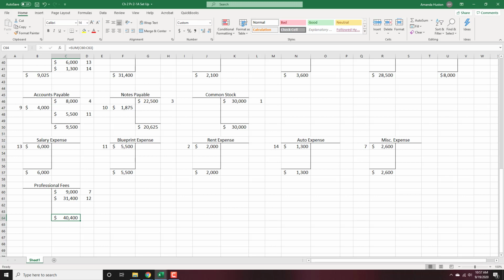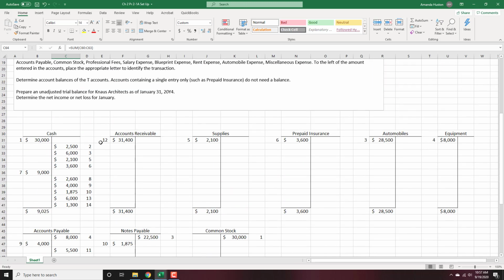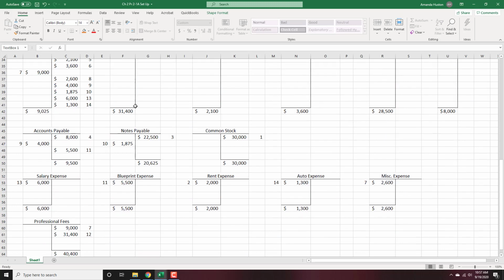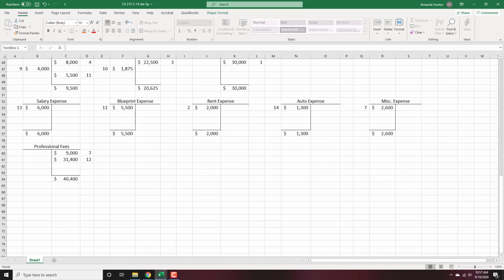So it says calculate the balance, right? Then the final part of this problem says, well, 2 steps. Prepare an unadjusted trial balance for NOS Architects. All right, so we're going to work on an unadjusted trial balance. So I'm going to put that right below these T accounts so you can see what's happening in this unadjusted trial balance, right?